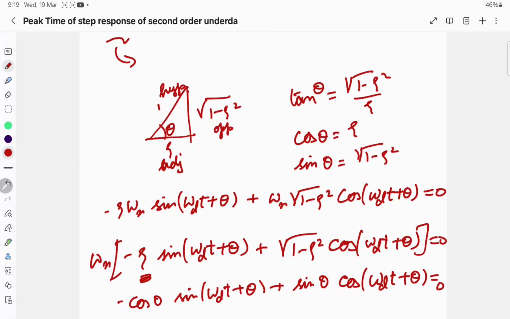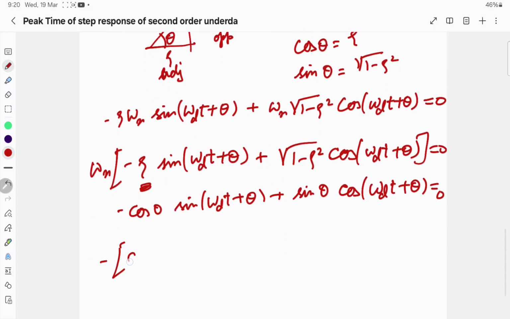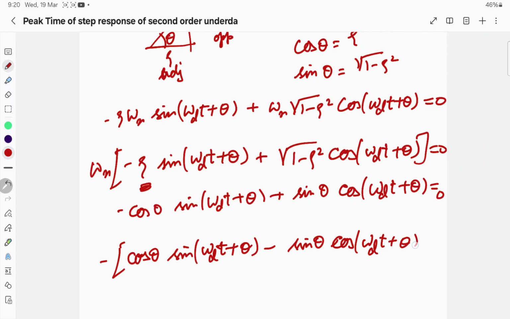Now rearrange it in a proper way, and we will find out the peak time. Take the minus outside, it would be cos theta sin omega d t plus theta minus sin theta cos omega d t plus theta equal to 0, right? So this is nothing but sin a minus b.